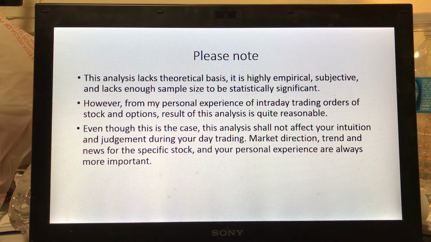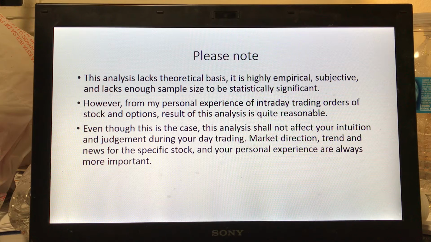It lacks enough sample size for our conclusions to be statistically significant. So the confidence interval shall be very large, and we cannot say to what exact probability level we can benefit from using this strategy, but we can only have a crude stance of how the market will behave if you see what signal.